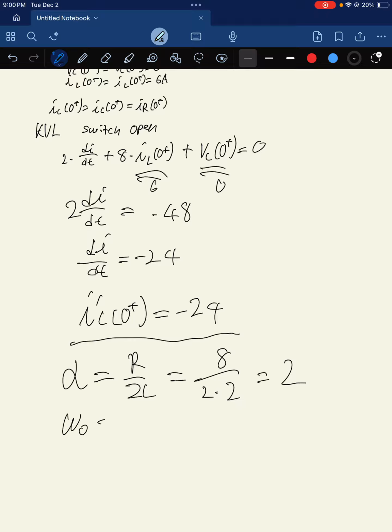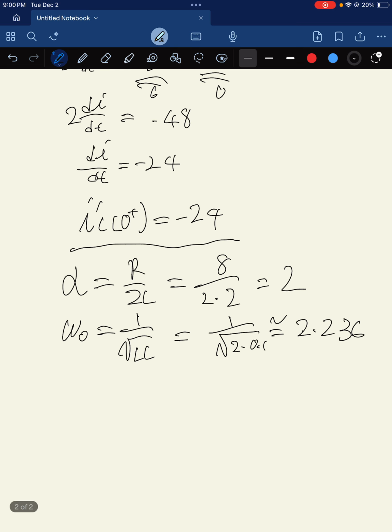Omega naught is equal to 1 over the square root of LC, which is 1 over the square root of 2 times 0.1, 2.236.